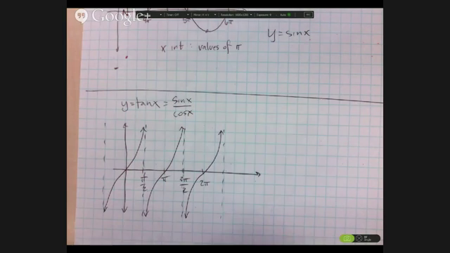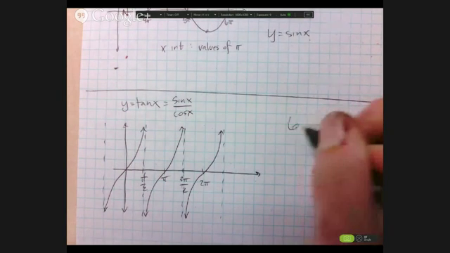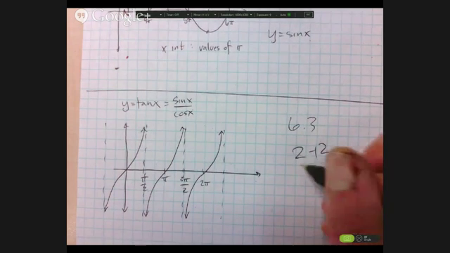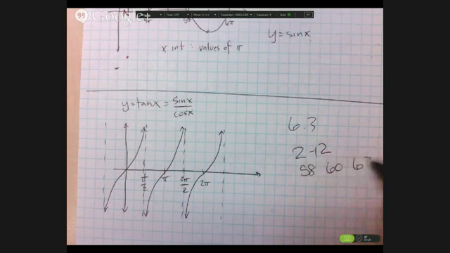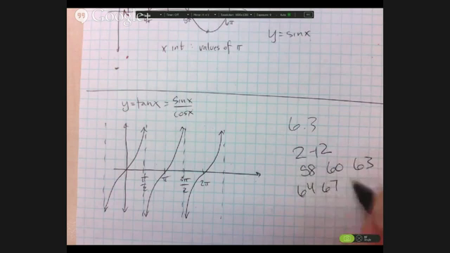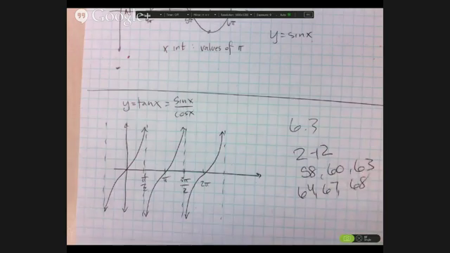Okay, 6.3, 2 through 12, 58, 60. Should be good.